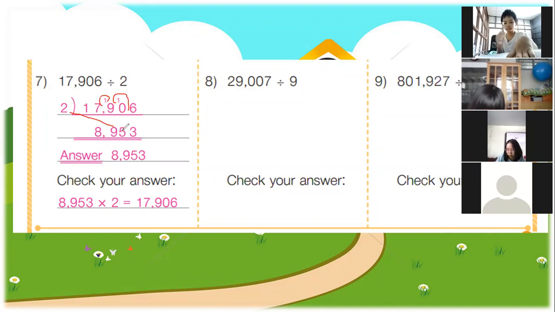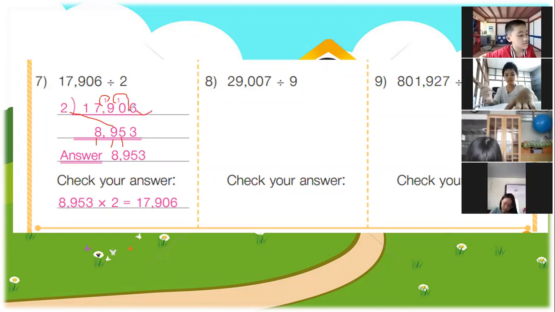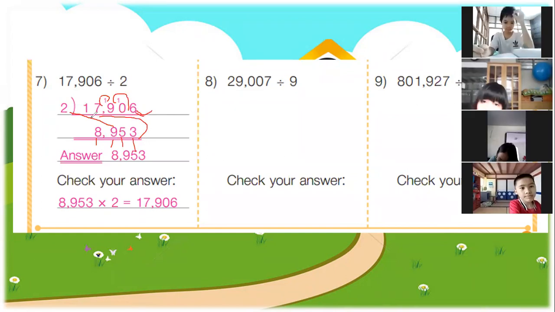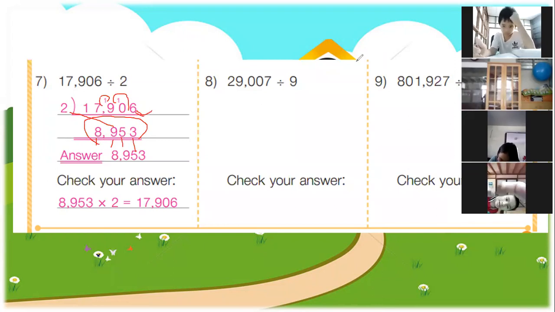Again, 2 multiplied by 5 is equal to 10. 5 we're going to write here and come to the place number 1. We have 6. So 2 multiplied by 3 is equal to 6. So we have the quotient 8,953.